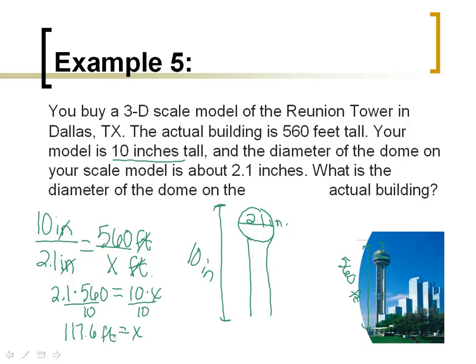And the question is, what's the actual diameter of the dome? And we found that. If you want to check your answer, what you could do is put 117.6 back into this. And if you do 10 divided by 2.1 and 560 divided by 117 and 6/10, those two should be equivalent to each other.